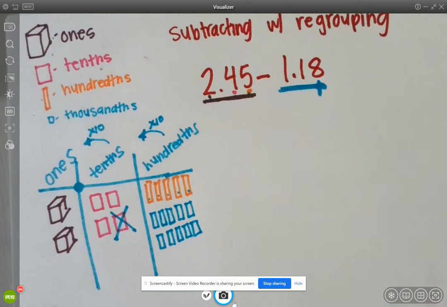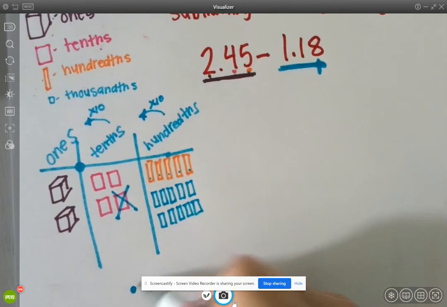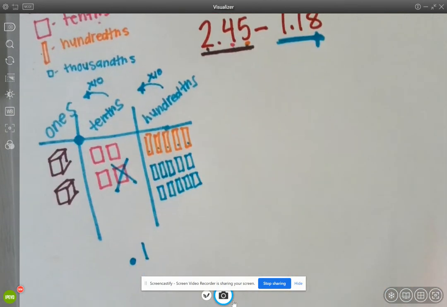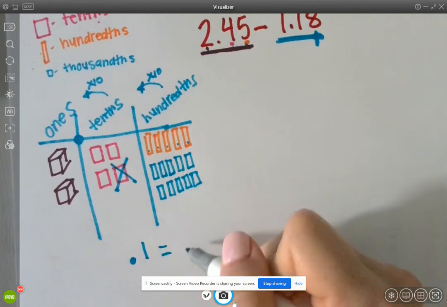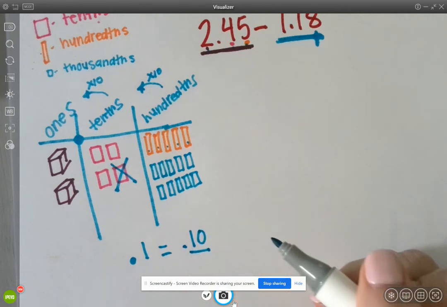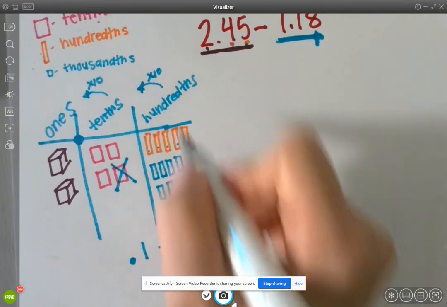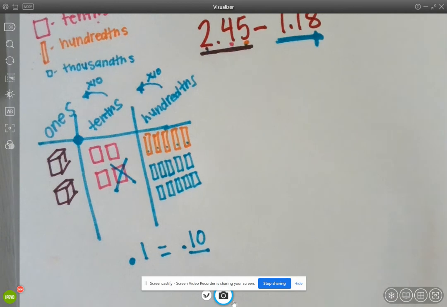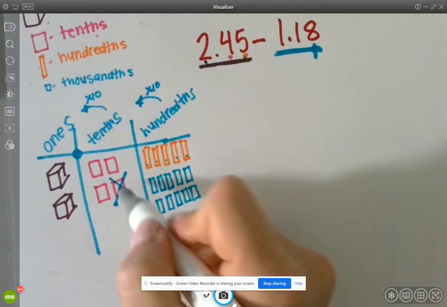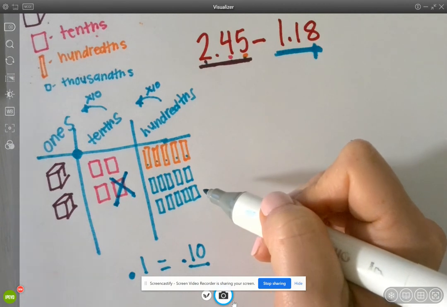Okay, because if I were to write, I'm going to scoot this up a little bit, 1/10 is the same thing as 10 hundredths. Remember how we read that on the place value? 1, it's in the tenths place, 10 hundredths. So that's how you would read it. We take 1 away from here, but it makes 10 of the smaller place value.